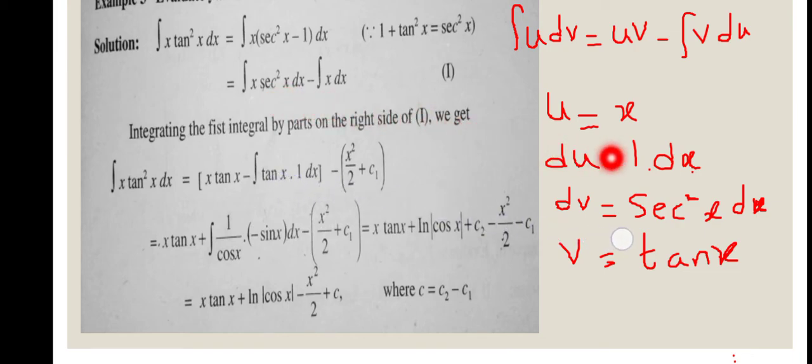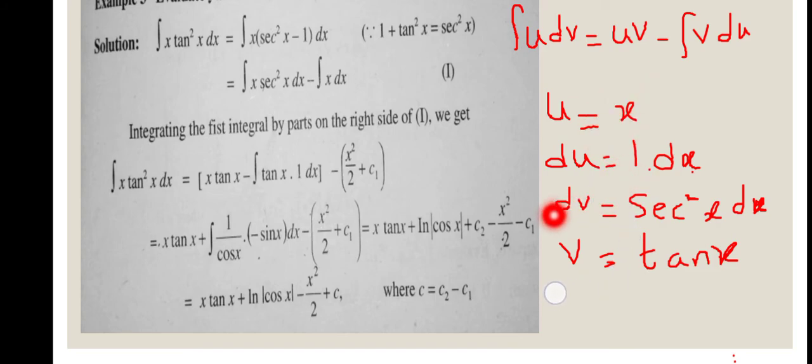So take the algebraic function x as u. We are taking u is equal to x, and secant square x dx is equal to dv. Secant square x dx is equal to dv, and evaluate du. Du is equal to 1 dx because the derivative of x is 1.